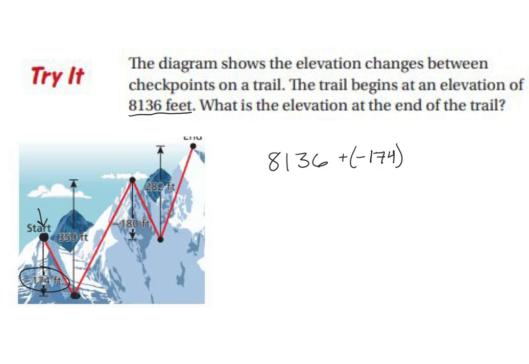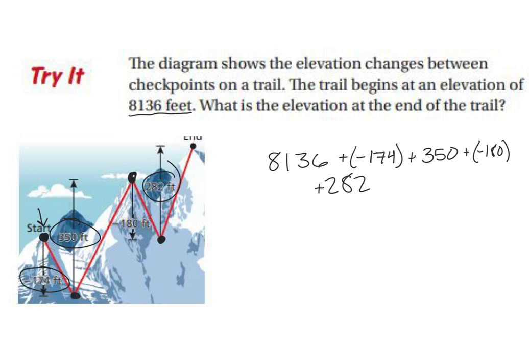It then says from here to all the way up here, we're going to add 350 feet. From the next point down, we go down 180, so add negative 180. And then finally, our final ascent, we're going to add 282 to this.